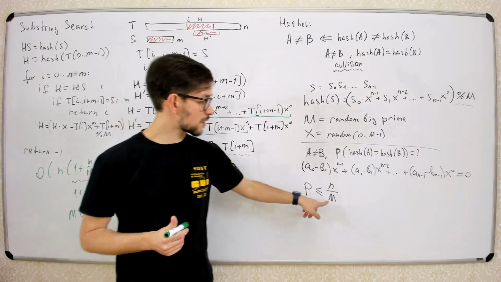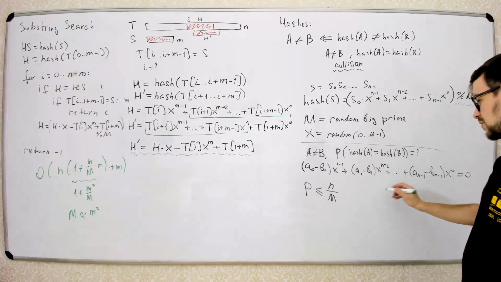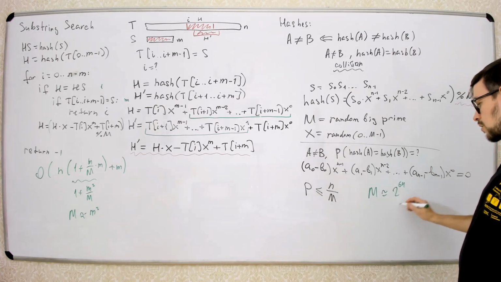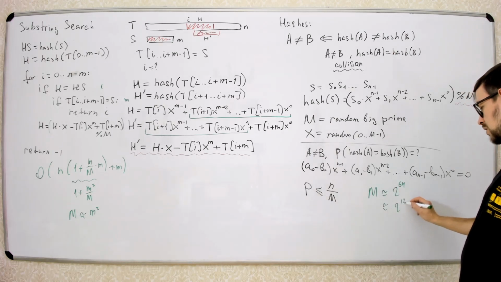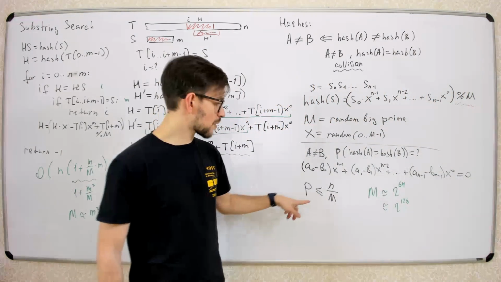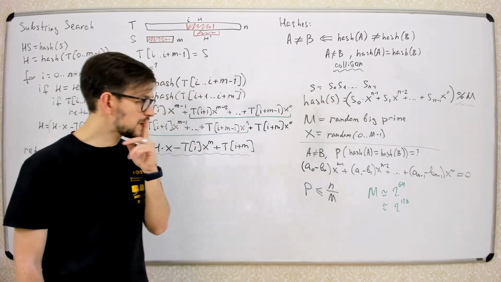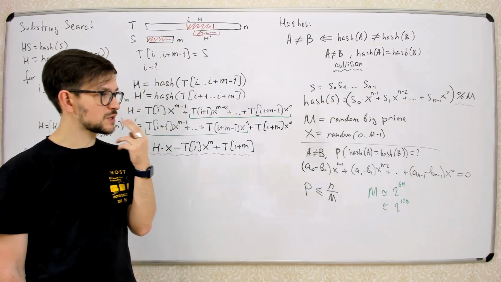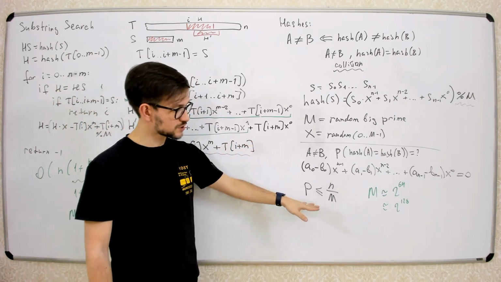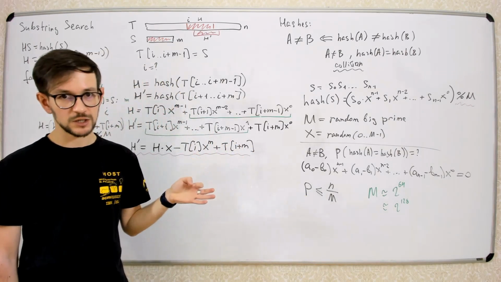If this number m is really big, for example about 2 to the power 64, or even about 2 to the power 128, then this probability will be very small. The probability that different strings have the same hash function will be so small that it will never happen actually.